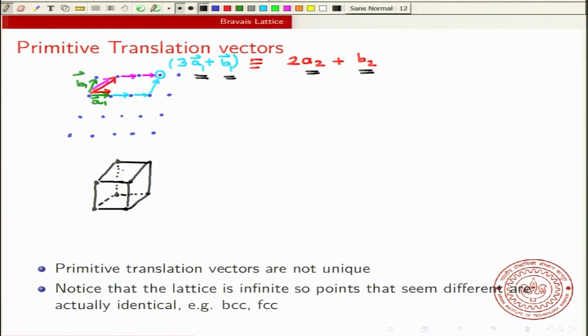And you have all the face centers. So, let me draw the face centers in a different color. So, these are the 6 face centers. So, imagine you have a lattice, you have a set of infinite points where infinite cubes and their face centers.